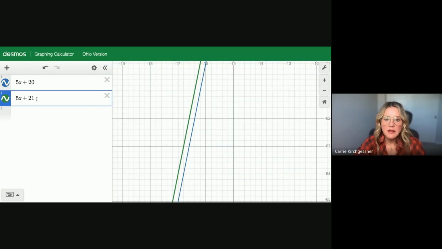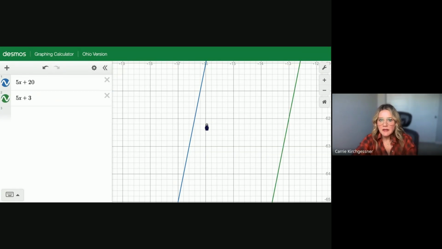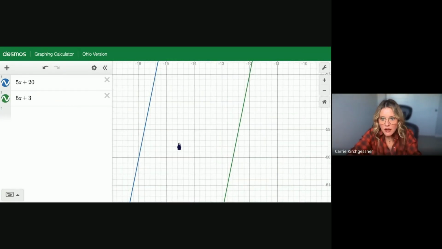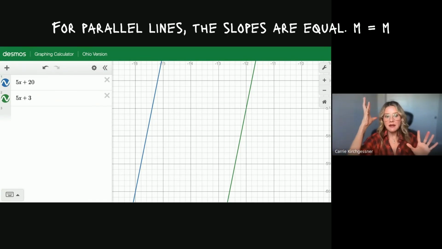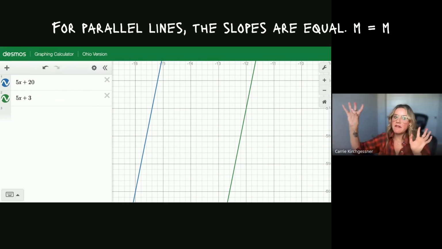Here's 5x plus 3, right? As long as you have two slopes that are exactly the same, then you will have parallel lines. And parallel lines exist when a system of equations has no solution.